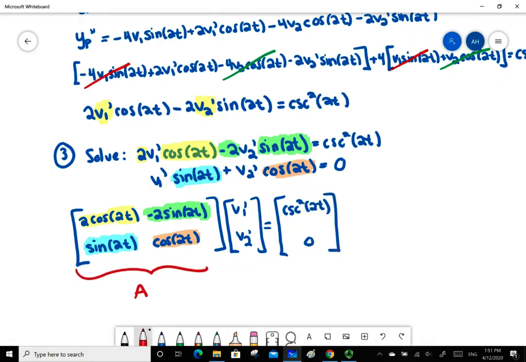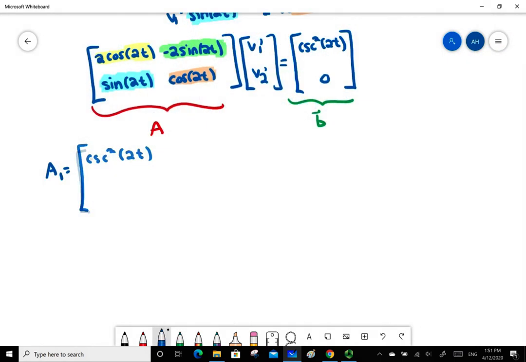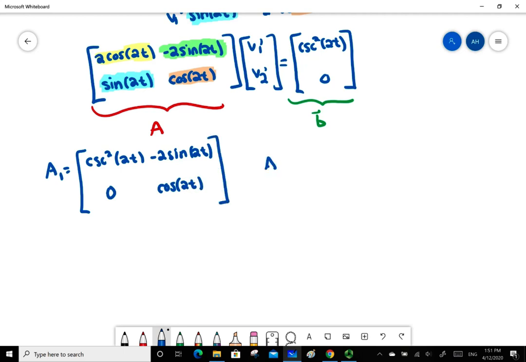So A is that matrix, and B is (csc² 2t, 0). So A1 is the matrix with rows (csc² 2t, -2 sin 2t) and (0, cos 2t), and A2 has rows (2 cos 2t, csc² 2t) and (sin 2t, 0).